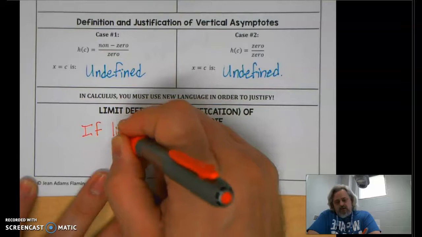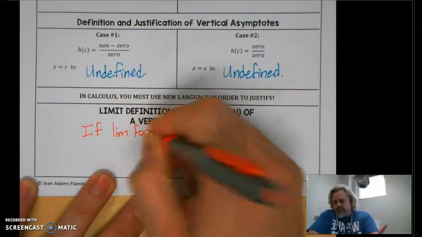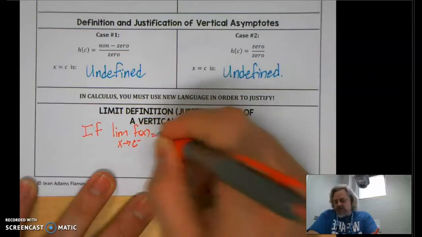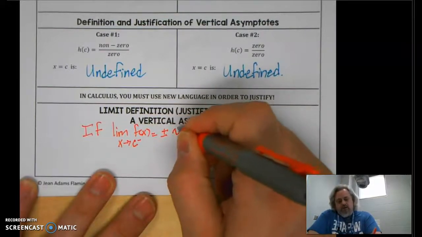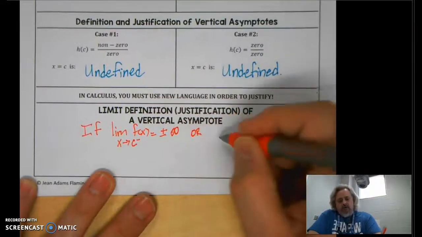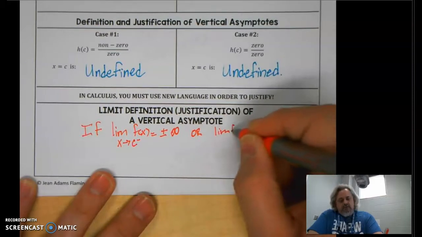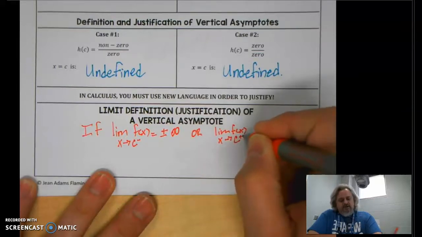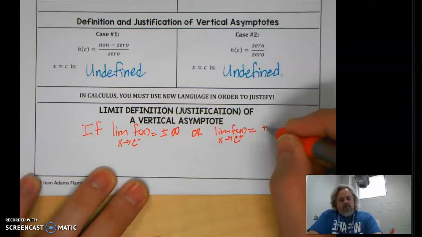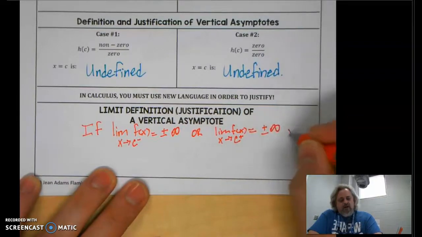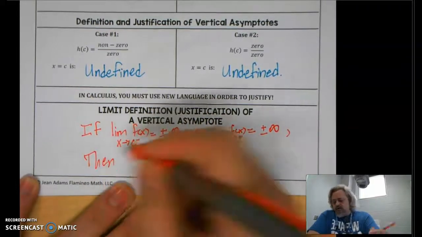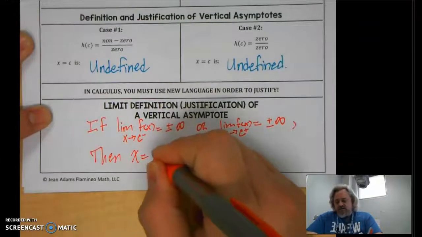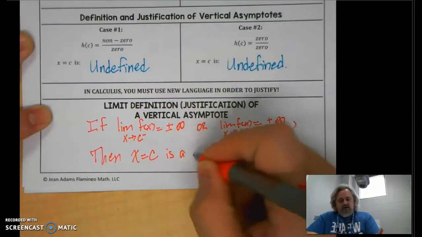If the limit of some function as x approaches that number from the left-hand side equals either positive or negative infinity, or the same thing, the limit of some function as x approaches some number on the x-axis from the right side approaches positive or negative infinity, then, and you can see how we're kind of writing a conditional statement like we did in geometry, then x is equal to c, that's where your vertical asymptote is.